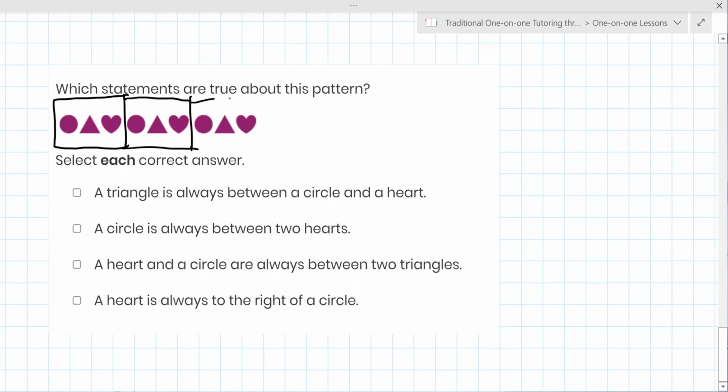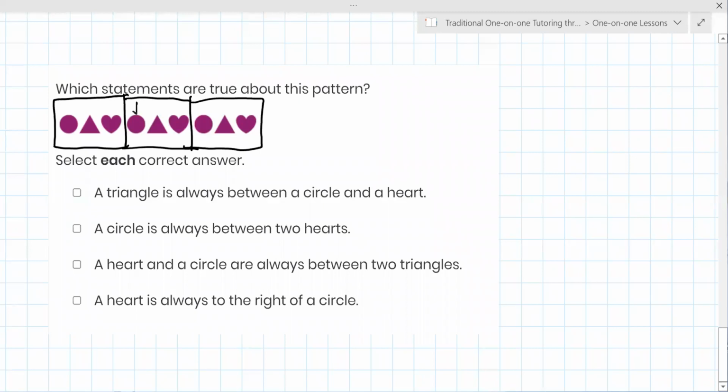And what I'm trying to do here for you is frame the pattern. Look at the first three in the pattern there. Is the triangle between a circle and a heart? Yes. How about in the next pattern? Is there a triangle between a circle and a heart? No. It's not? Here. What is this to the left here?